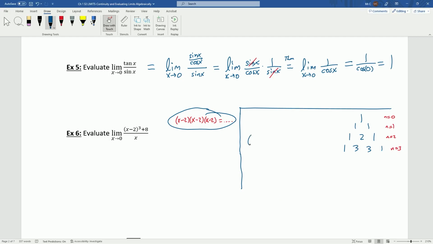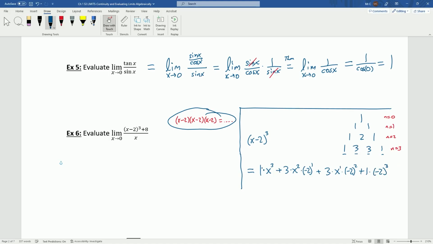And so when we have the expression (x minus 2) cubed, these are my coefficients for my multiplication. I write 1 times x cubed plus 3 times x squared times negative 2 to the first power, plus 3 times x to the first power times negative 2 squared, plus 1 times x to the 0 power, so I don't need to write that, times negative 2 to the third.